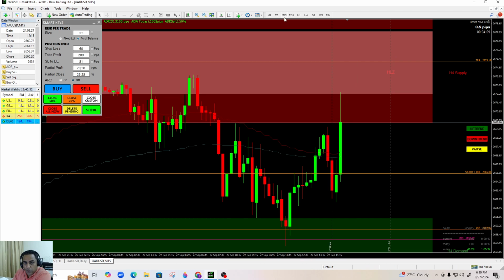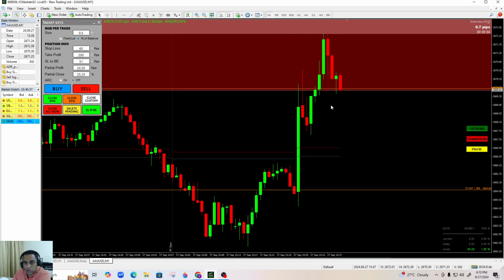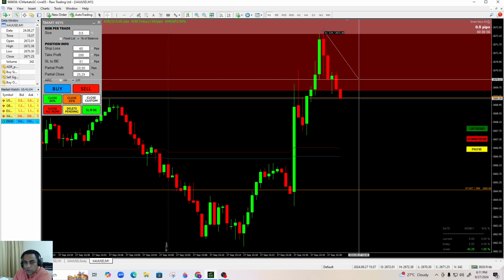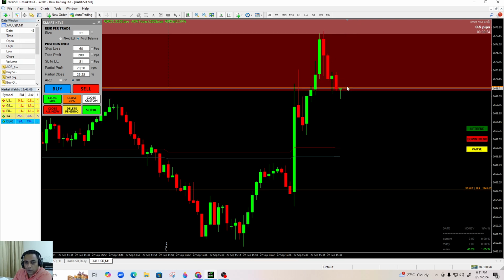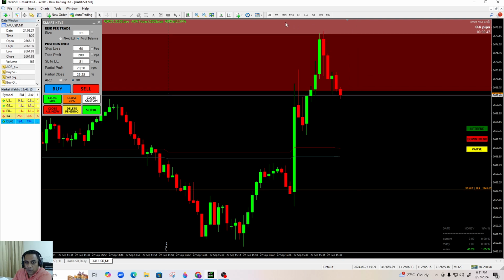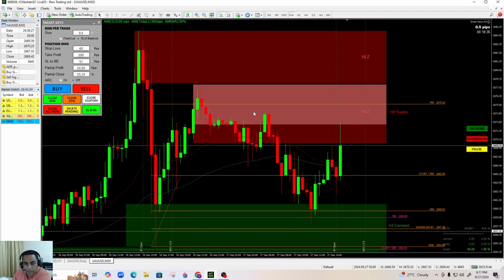Let's see how big this wick is. 22 pips. Supply zone, 1 minute. No, I'm going to wait for the candle to close, and then maybe this high doesn't get taken out because we've tapped into this light pink area, right?